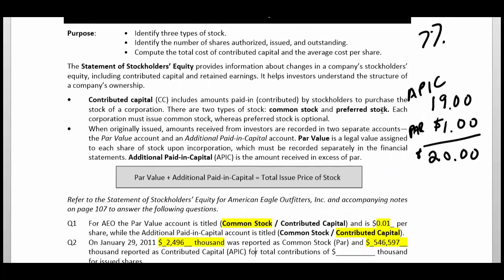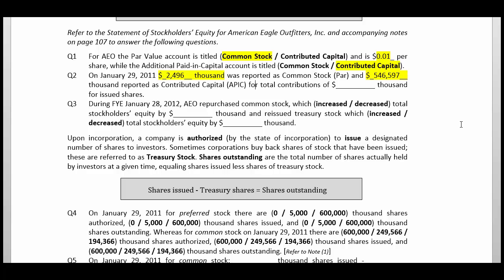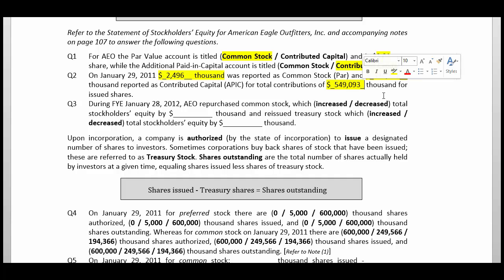Because just like before we divided 1 plus 19, here we're dividing common stock plus contributed capital, which comes out to be 549,093. And again, remember these numbers are in thousands, so it's 549,093,000. That's the total contributed capital of the company.